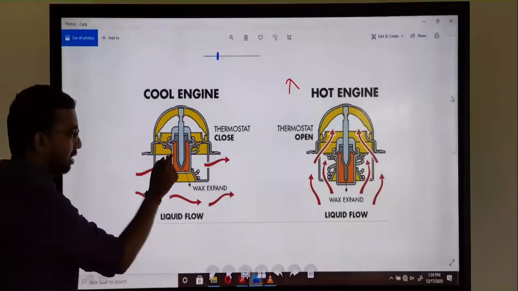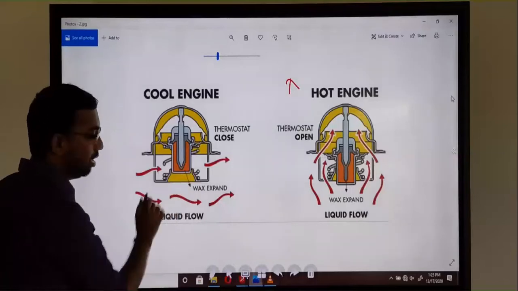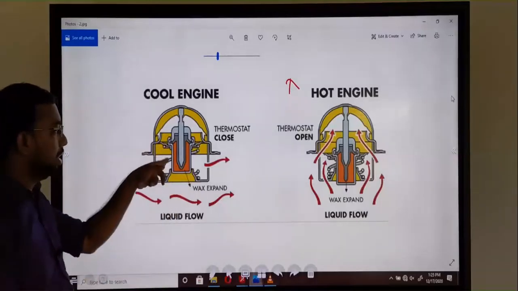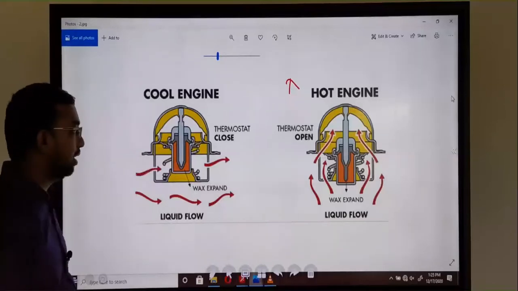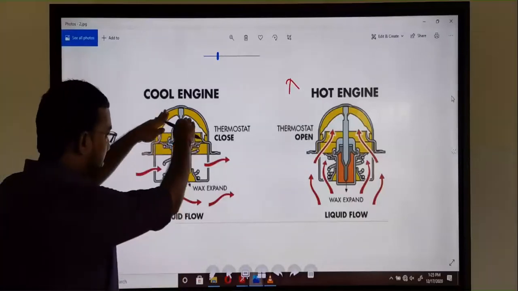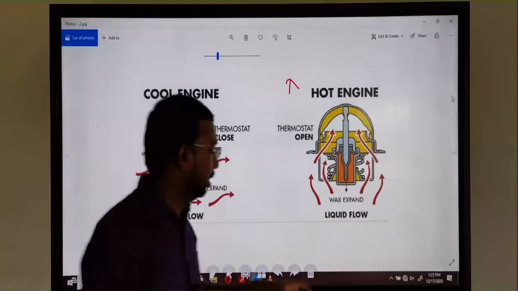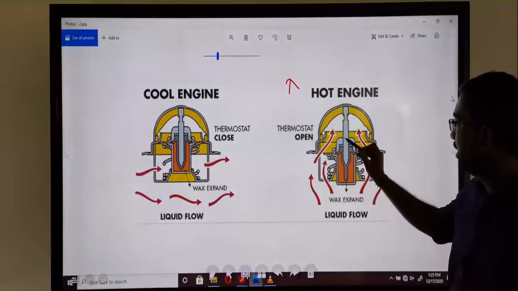You just think this is like a room, so there is some space. Now you can see the orange color is the space. So this volume of wax is increased. What will happen? These parts move downwards. Now you can see it moves downwards.